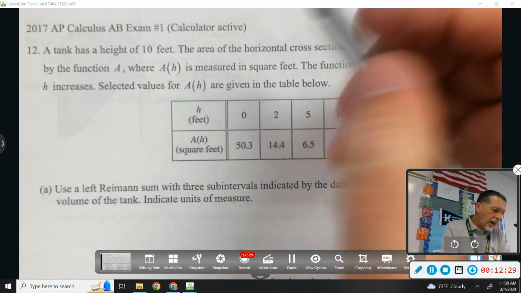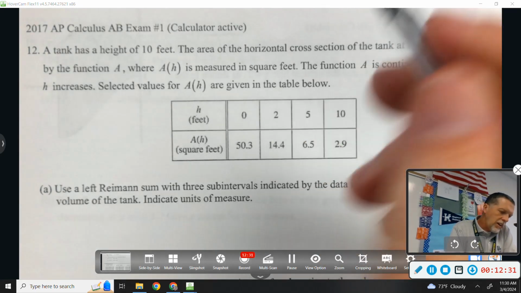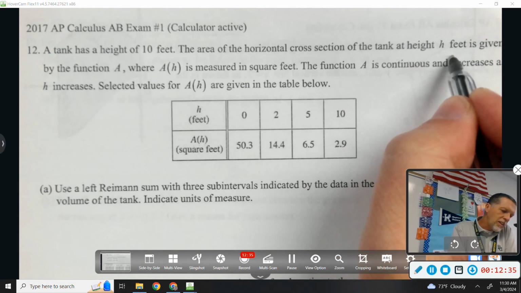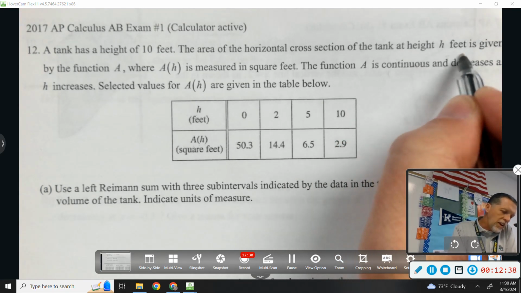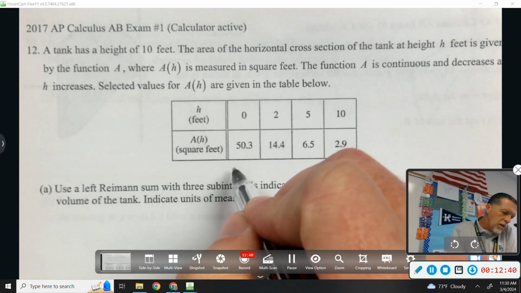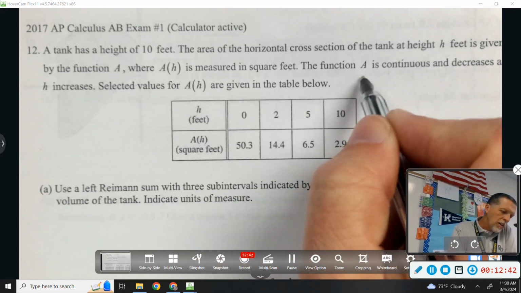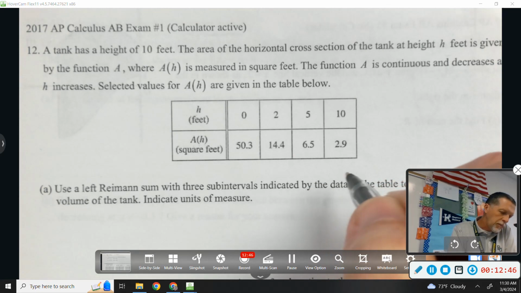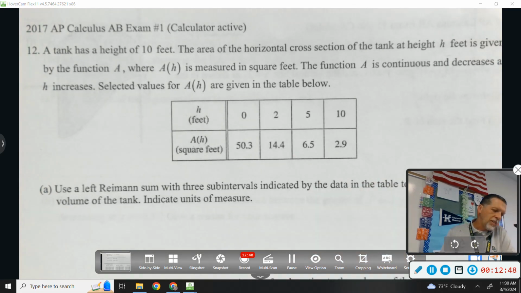A tank has a height of 10 feet. The area of the horizontal cross-section of the tank at h feet is given by the function A, where A is measured in square feet. Function A is continuous and decreases as h increases. Selected values of A are given in the table below.